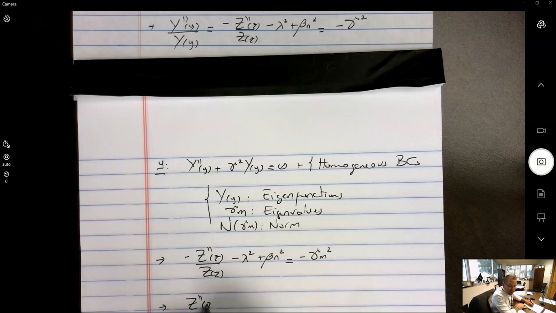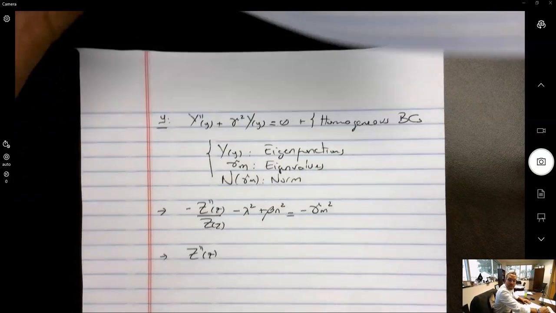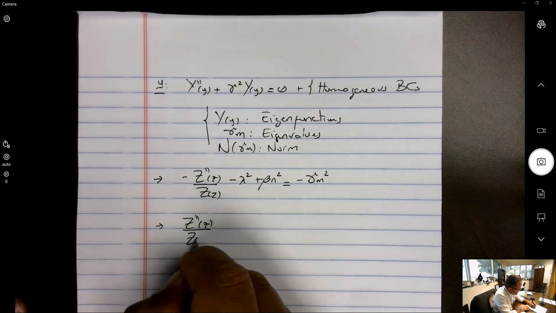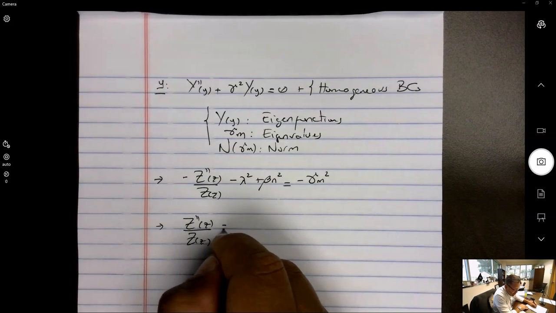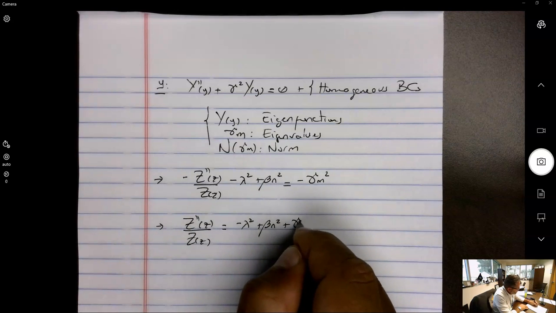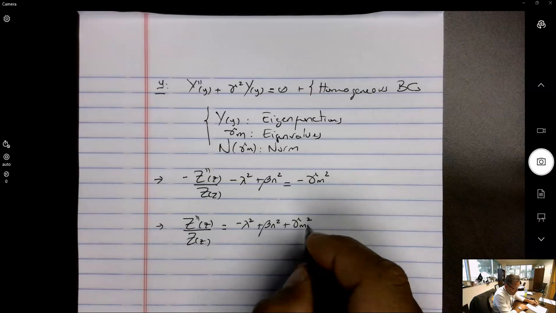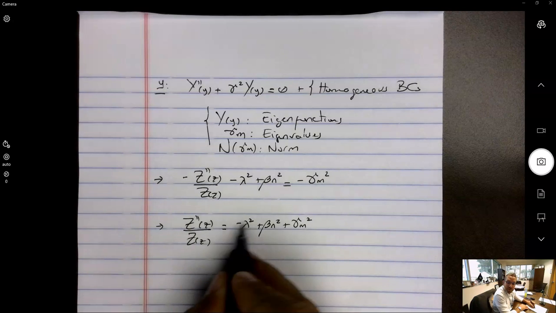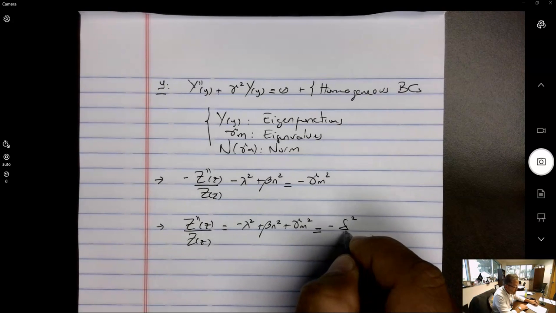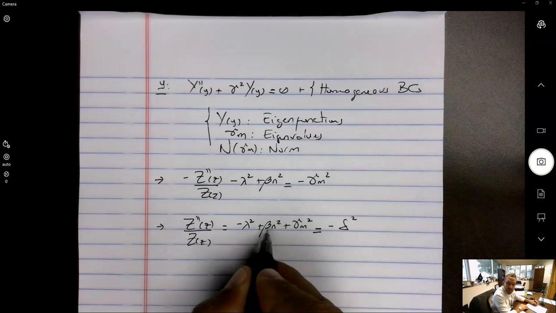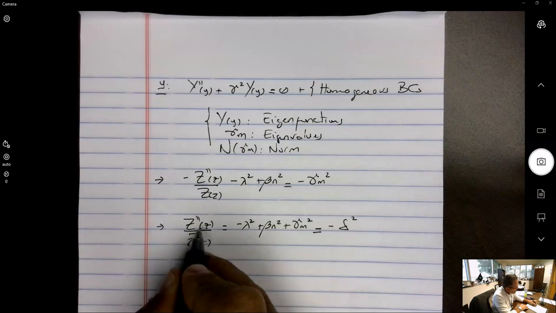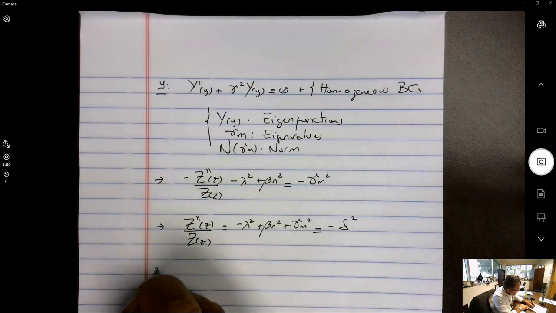Z double prime of z divided by Z of z is equal to minus lambda squared plus beta n squared plus gamma m squared. And since this is a function of z and this is a constant, we're going to call this entire thing minus delta squared, a constant of separation, which as you can see is related to these 3 constants. And we pick a negative sign because we want an eigenvalue problem in the z direction.